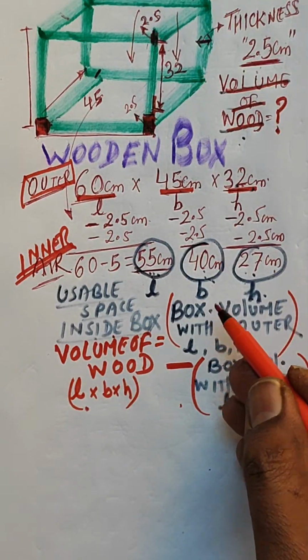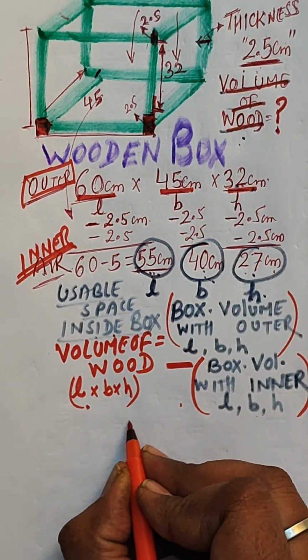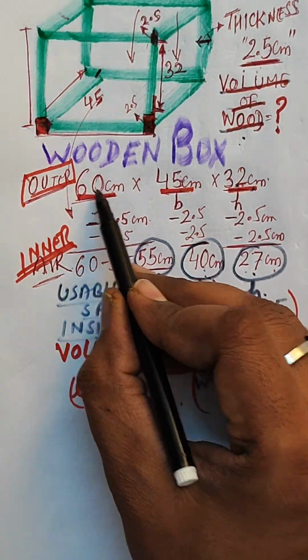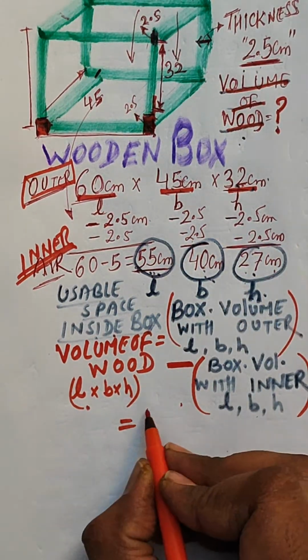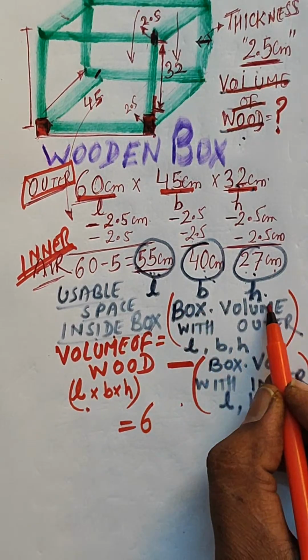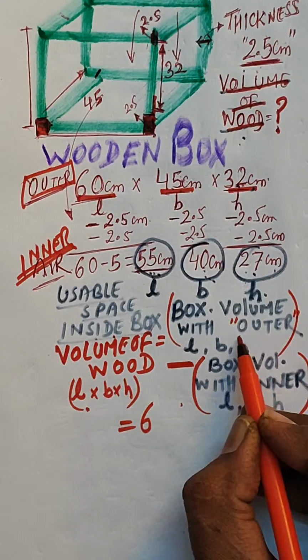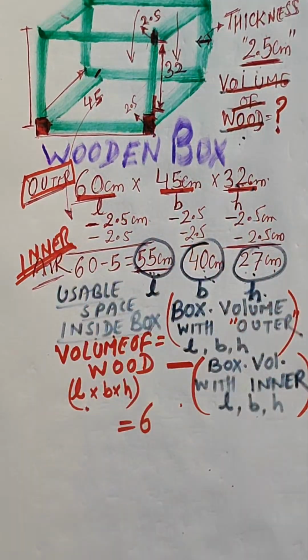So for the outer dimension, the volume of the box will be 60 into 45 into 32. So let me write, that is the box volume with outer dimension. Outer, mind the word. So 60, 45 and 32 are the outer dimensions.